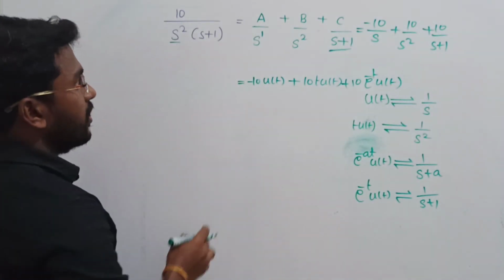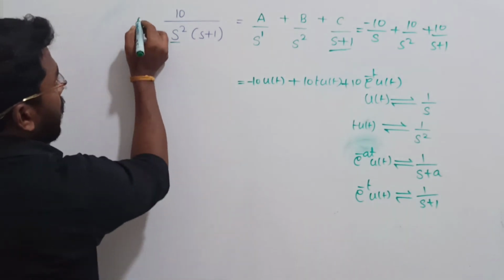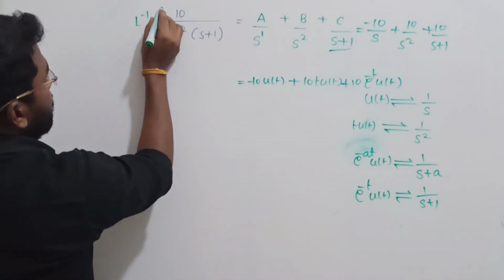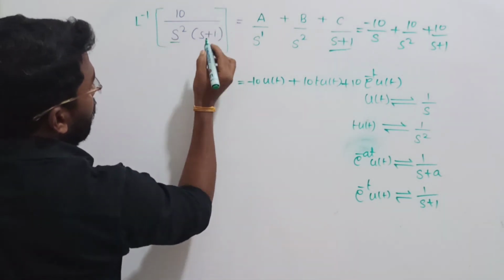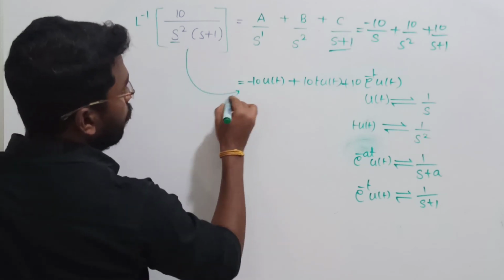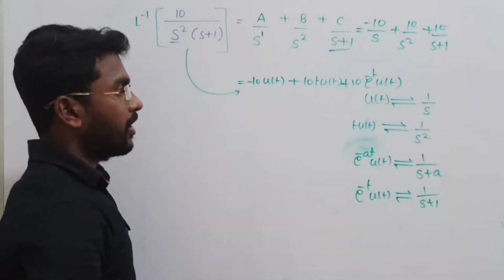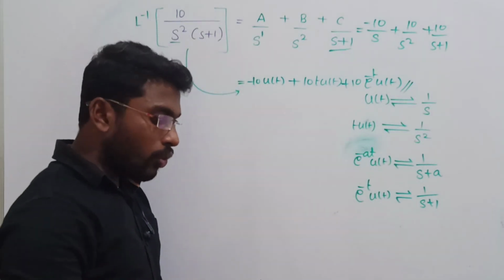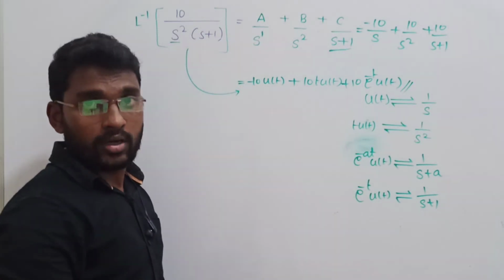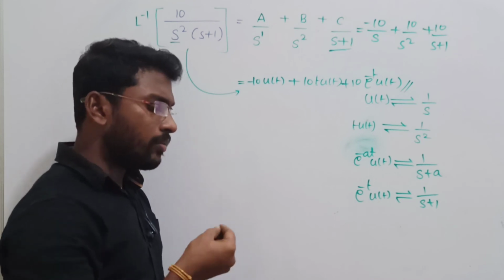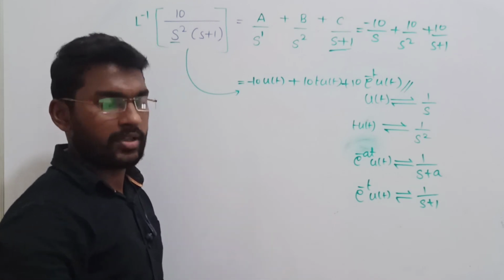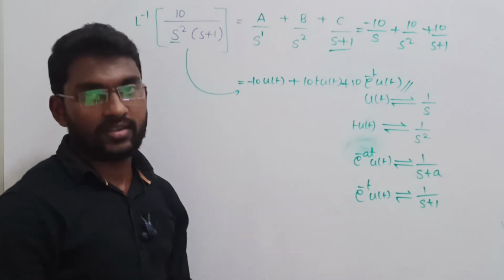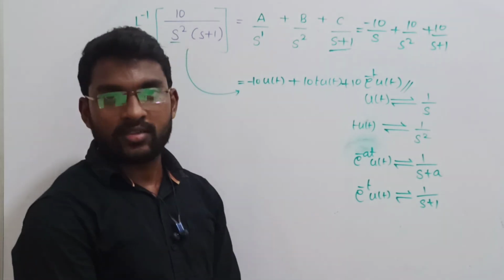Clear? Now see, that is how we are obtaining the inverse Laplace transformation of a transfer function from s domain to time domain. So that is the second model of our partial fraction. I hope you all have understood this procedure, how to apply partial fraction. Of course some two more models are there in this method. That we will see in our upcoming classes, because this is the introduction only, right?